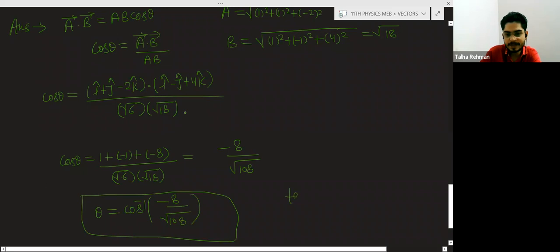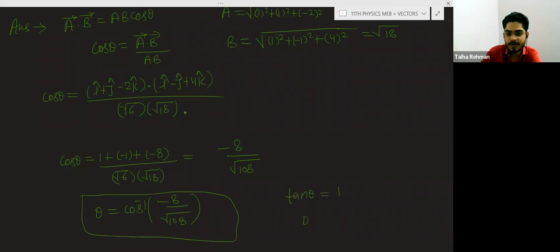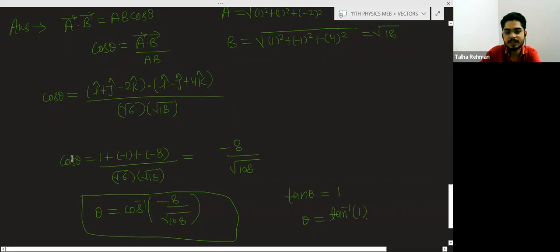Suppose you have tan theta equal to 1, so your theta will become tan inverse 1. Like this, theta is cos inverse of minus 8 by root 108. Got it?